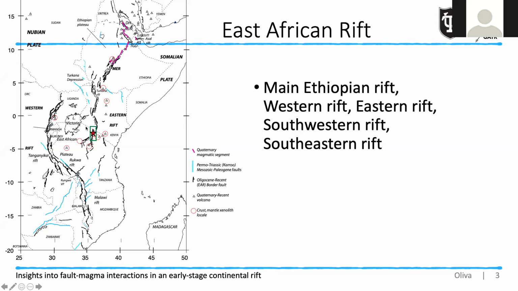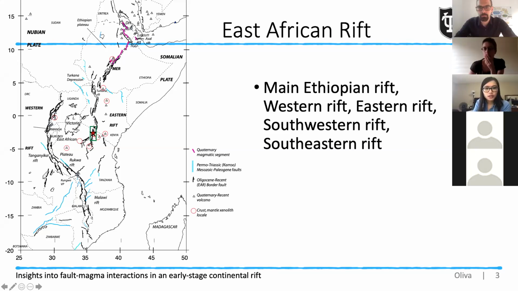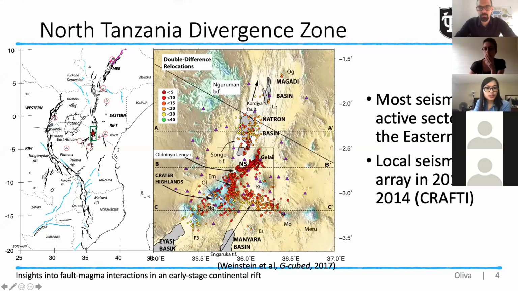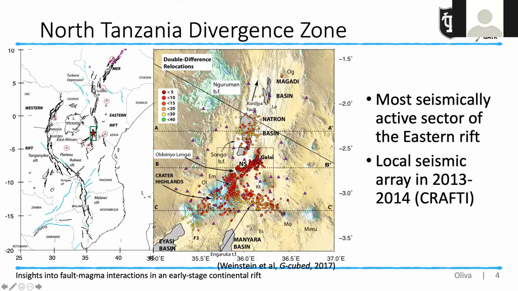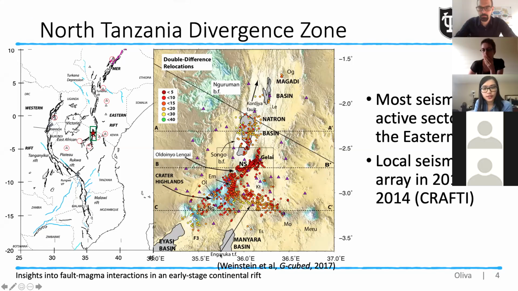And my study area is here, the North Tanzania Divergence Zone, composed of the Magadi, Natron, and Manyara Basin. There's also the Eyasi Basin and the Pangani Basin, but I focus on these three basins here in the middle. And this is located just by the Kenya, so north of this line is Kenya and south is Tanzania, just by the border.